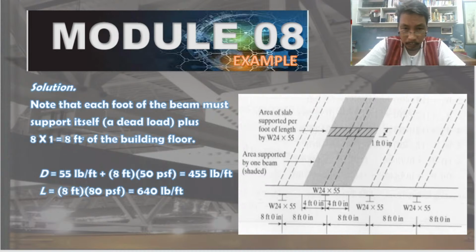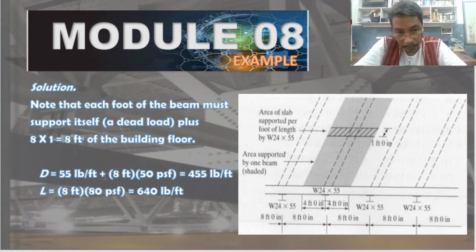So for each foot of the slab, the dead load, that is what? 55, meaning that is the W section, 55 pounds per foot.